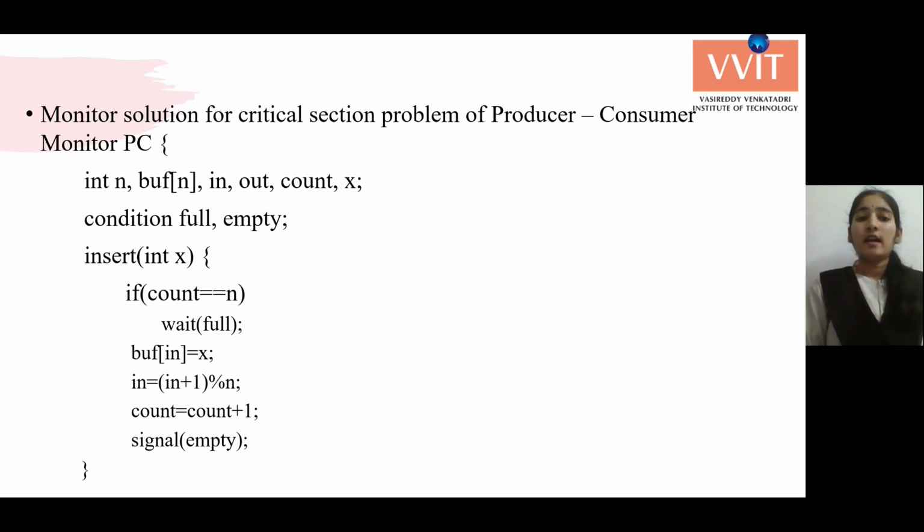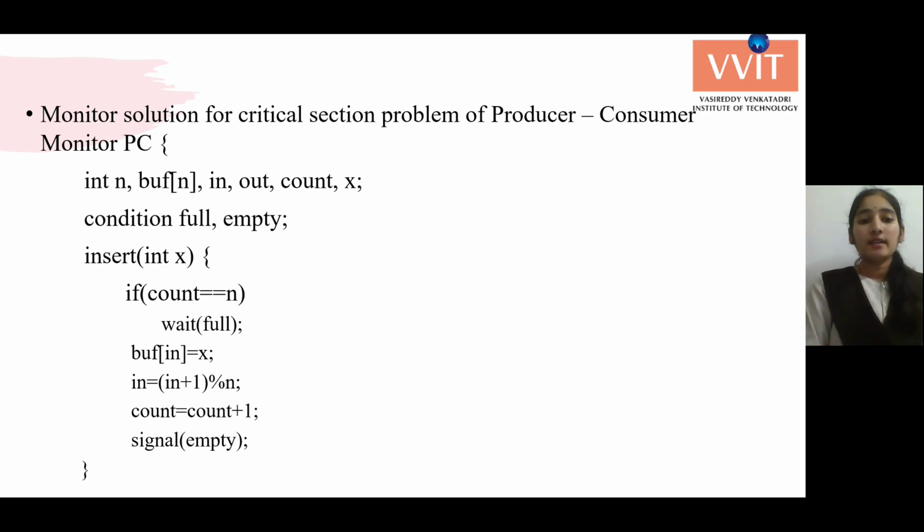It cannot produce items. Next, as per the code, buffer of in equal to x means we are putting the item into the buffer. Next, we increment the in value, meaning we are incrementing the index position. Next, count: we are incrementing the number of items in the buffer. Signal of empty: the buffer is no longer empty, so it gives a signal that items are available.